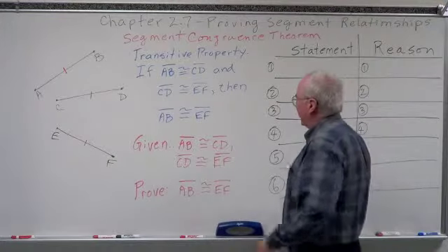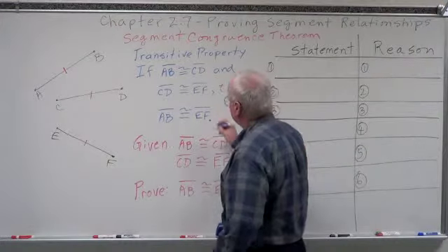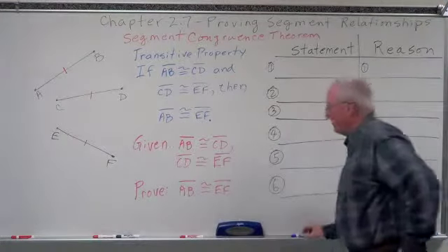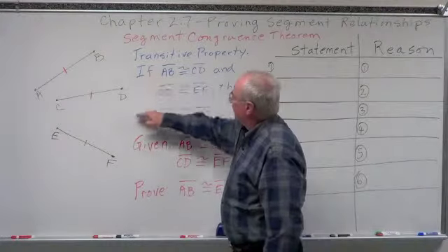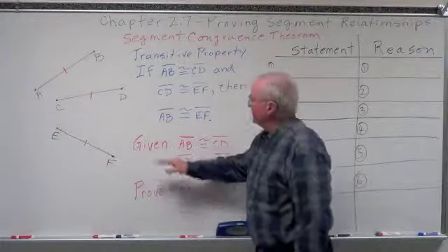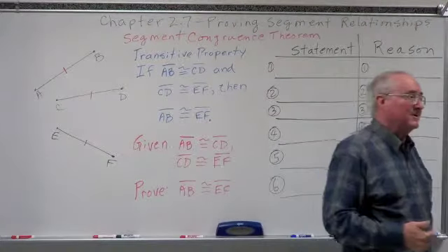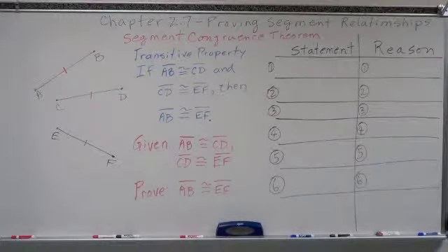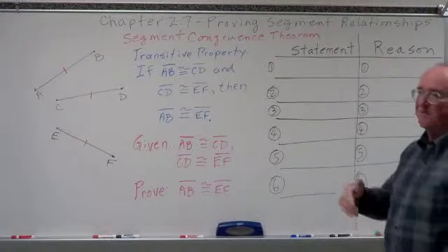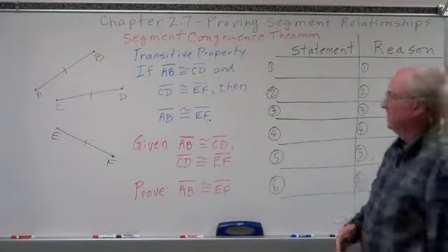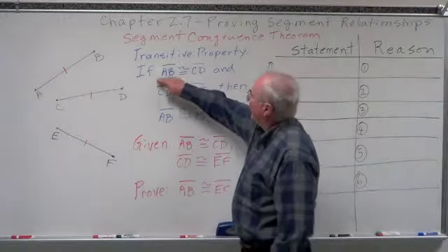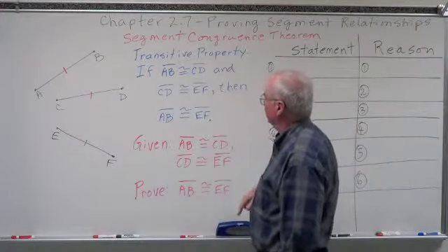Now, how do we put that into a proof? Well, in a proof we have to have a given and we have to prove something. Notice this is a conditional statement. The given is going to be the hypothesis of the conditional statement. Always is. Anytime there's a given, it's a hypothesis. Anytime there's a hypothesis, it is the given. So we're going to take the hypothesis. There's two pieces to it.